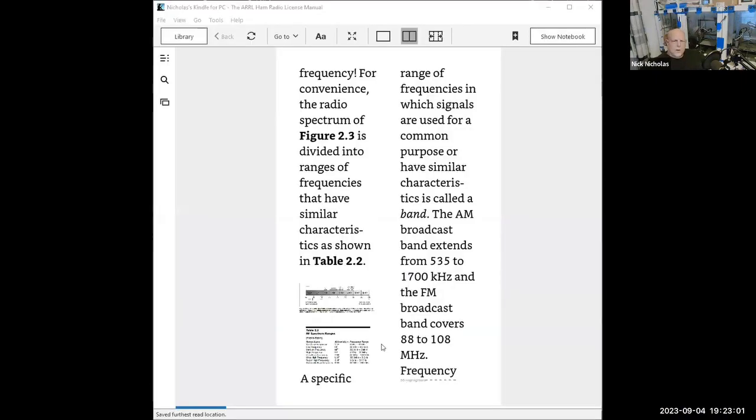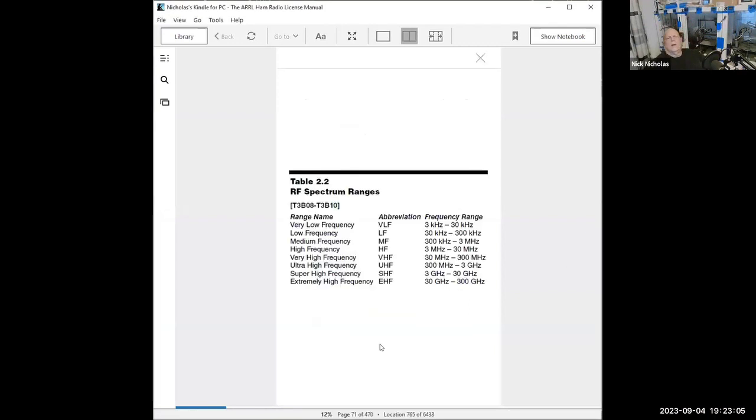So what we want to do is get an understanding of where these things lie.